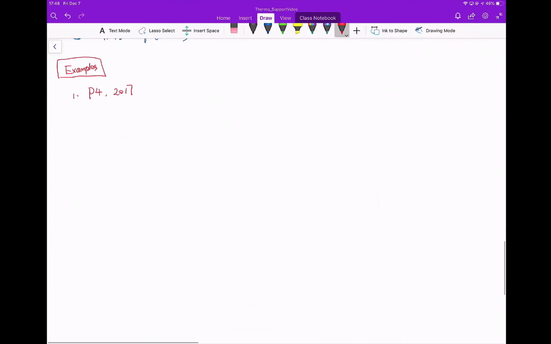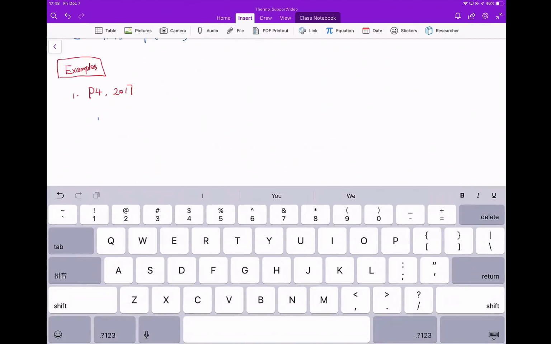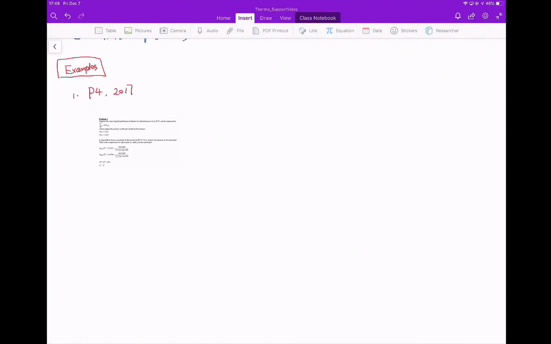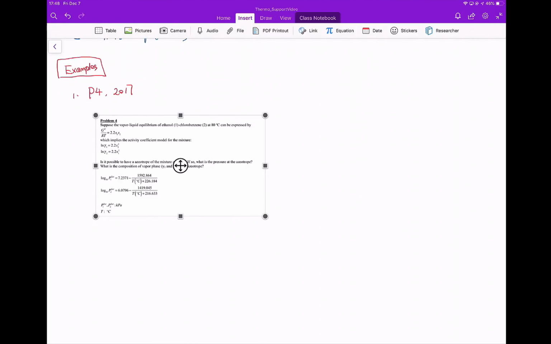We had a problem in this area. So let's try to insert this. Right here. Alright, make this a little bit larger.